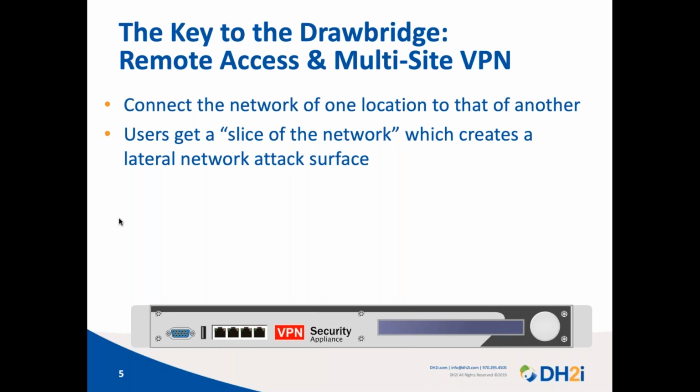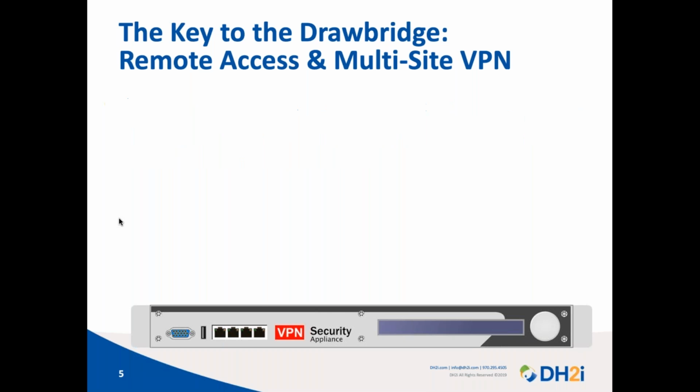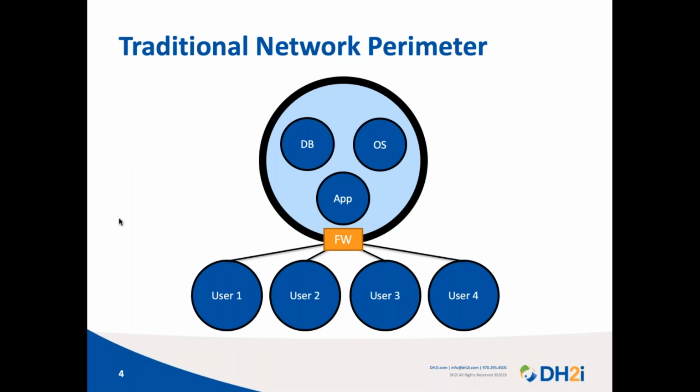The issue is that because the network slice is opened up between the two resources, this opens the organization up to lateral network attacks. What I mean by that is, if I go back to the previous slide, if user one is connected via VPN, and they're supposed to have access to this particular database and nothing else, a VPN approach makes it much easier for that user to gain access to some of these other resources inside that maybe they should not technically have access to.